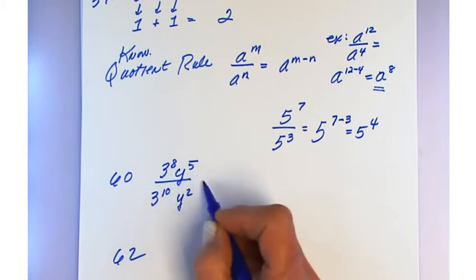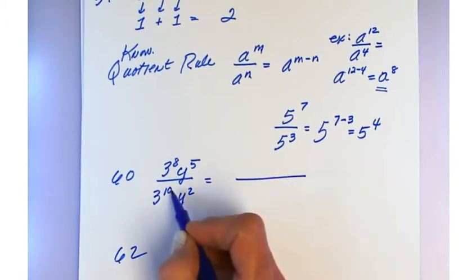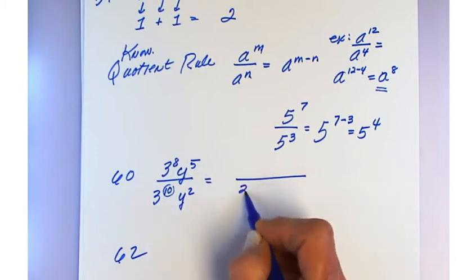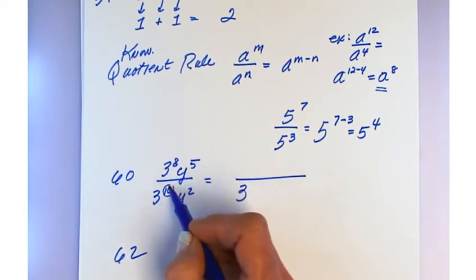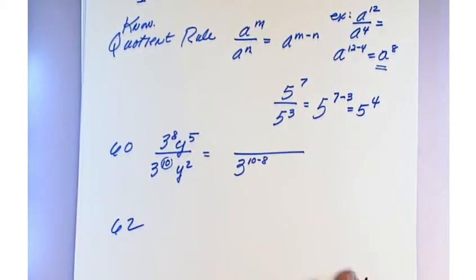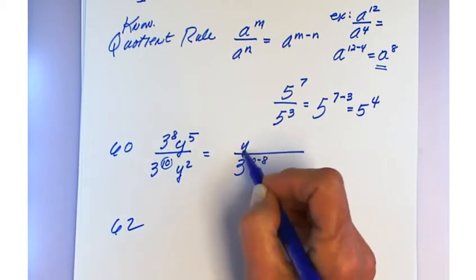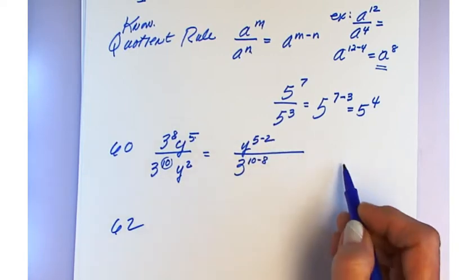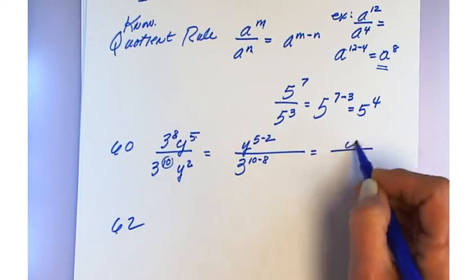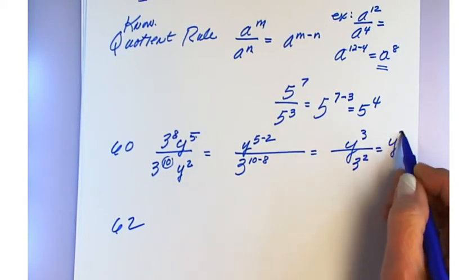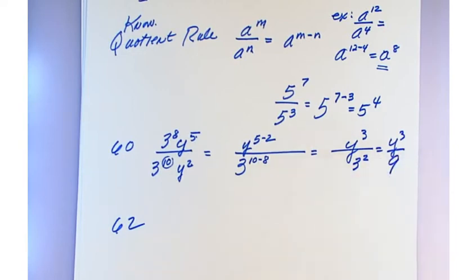Okay? So I see that 10 is bigger than 8. So I'm going to subtract 8 from 10. I want to keep the exponent positive. I see that 5 is larger than 2. So I'm going to subtract the 2 from the 5, and that gives me y cubed over 3 squared. Okay, I know what 3 squared is. I know it equals 9. So that would be a fair question.